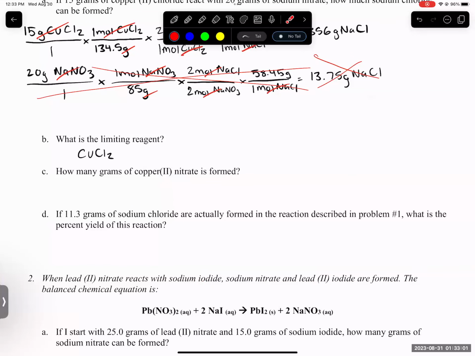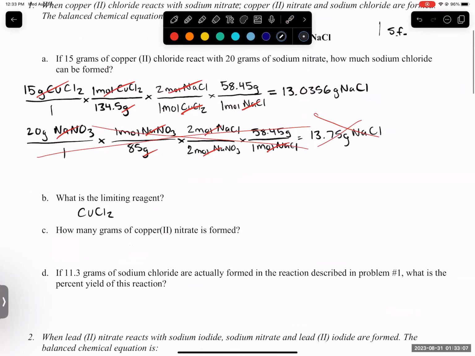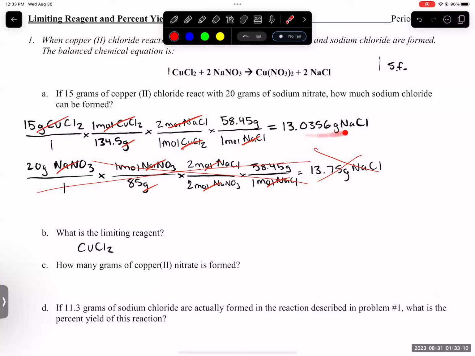All right. So we already did part C. Okay. No, we did not actually, because we calculated the mass of sodium chloride, not copper 2 nitrate. So how would we do that? Grams times moles.